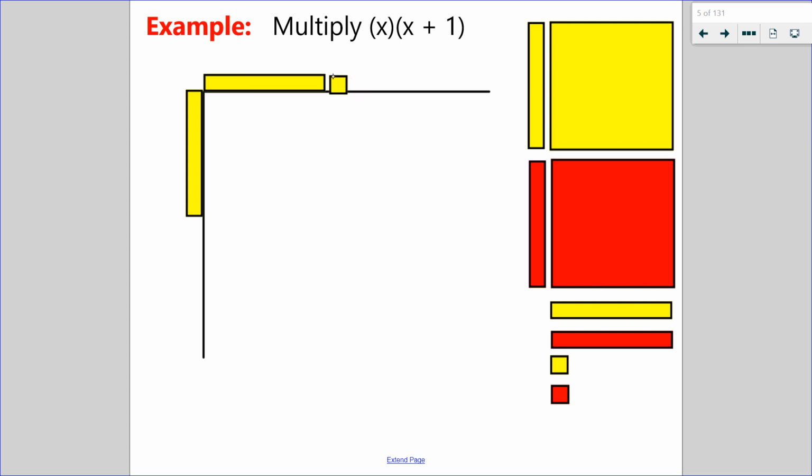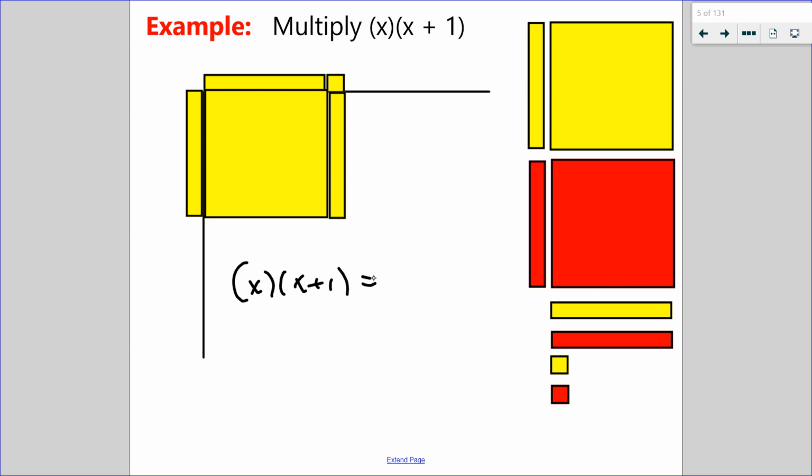Now let's fill in the area that results. If I take x and multiply it by x, the only thing that can fit there is an x squared. If I take an x and multiply it by 1, the only thing that can fit there is an x. So let's write down what we've done. We've taken x and multiplied it by x plus 1. The result was x squared plus x.